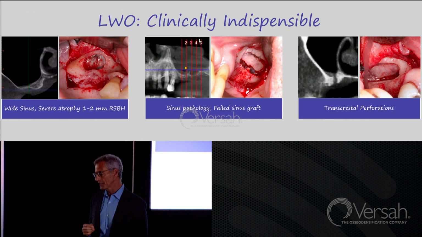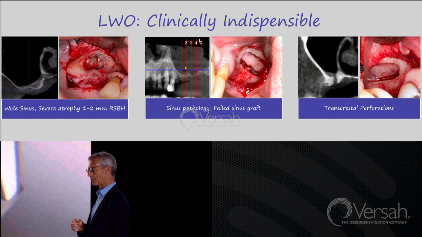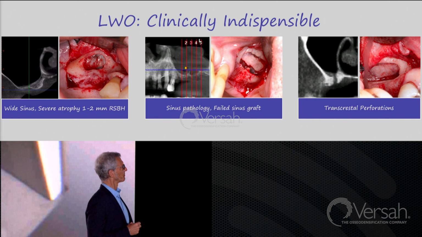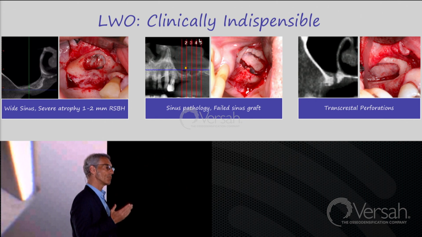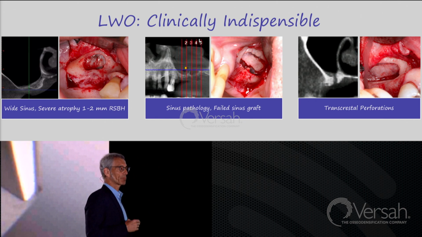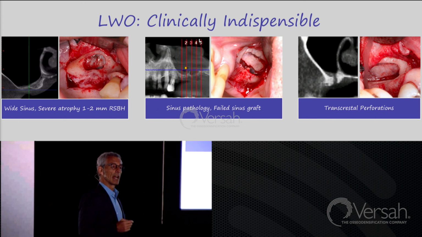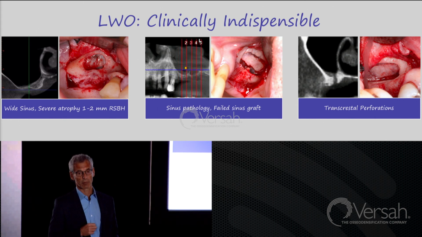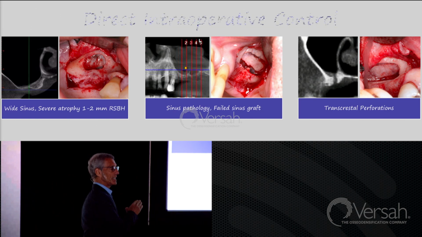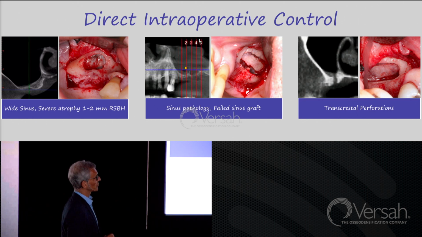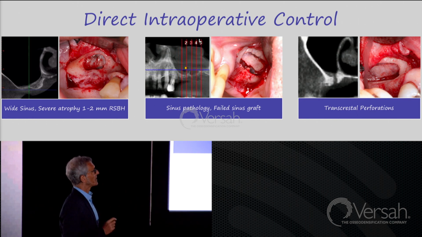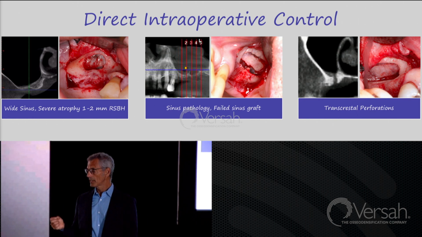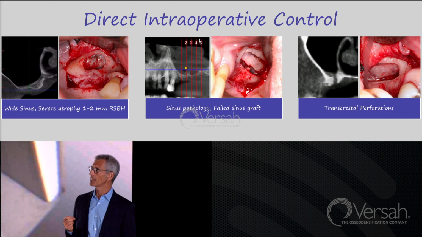I still find it clinically indispensable in a wide, severely atrophic sinus, in patients with pathology, which I must work around, patients with previously failed sinus grafts, and it is the definitive means how you can repair transcrustal perforations. I need direct intraoperative control in these situations, and that is something that a transalveolar approach cannot give me.